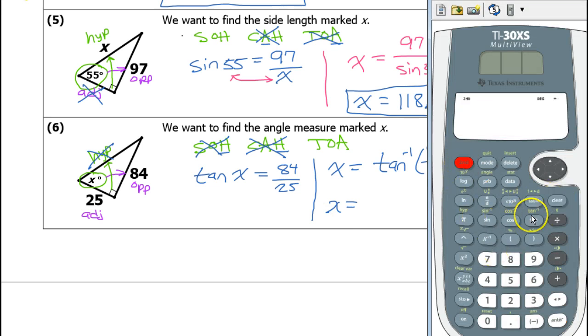For inverse tangent, that's just second tangent, and then you go 84 over 25. So that is 73.426, got to round up, degrees.